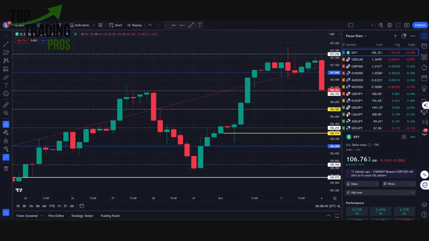But those numbers have been revised, and now they're not only expected to drop down to 160K, they're expected to drop down to 153,000. That is a pretty big drop, from 177,000 to 153,000. And that's why we are seeing this drop take place in the dollar, but we're also seeing this drop with the UC pair as well as the UJ pair.